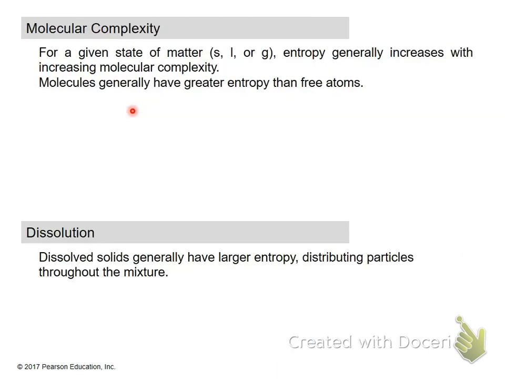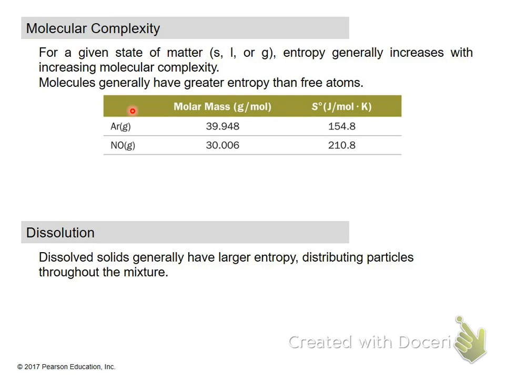The fourth factor is molecular complexity. As I mentioned earlier, as the number of atoms increases within a molecule, it becomes more complex. And so the more complex the molecule, the higher the entropy. For a given state of matter, whether it's solid, liquid, or gas, entropy generally increases with increasing molecular complexity. For example, argon versus nitrogen monoxide.